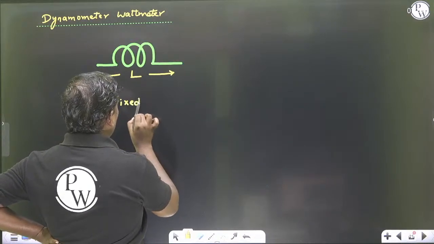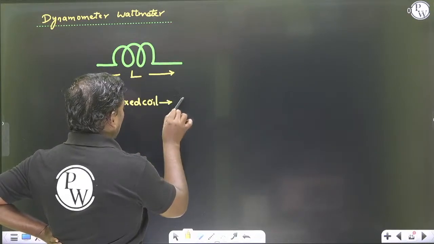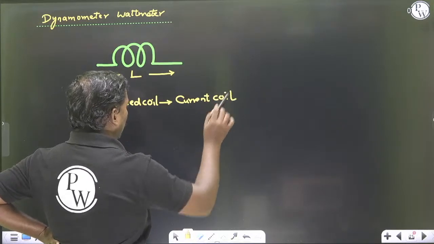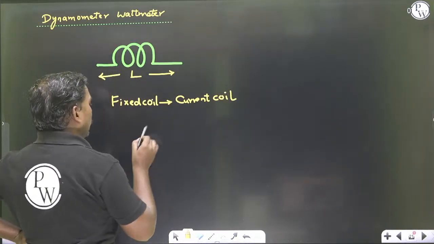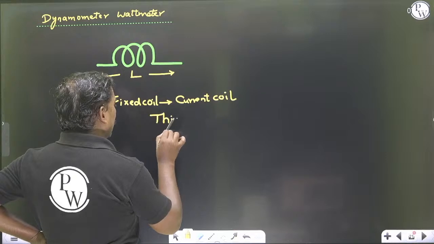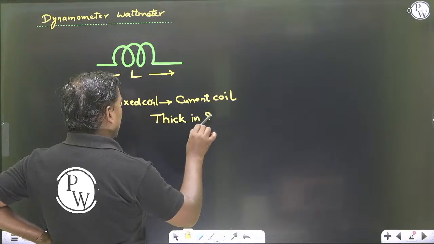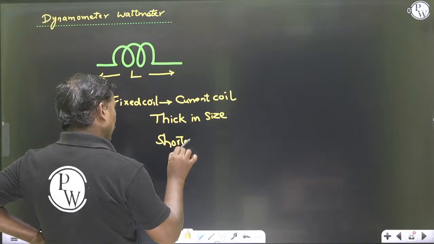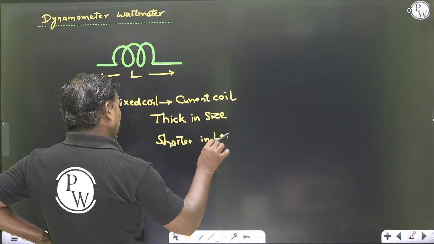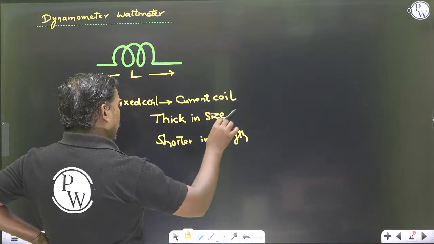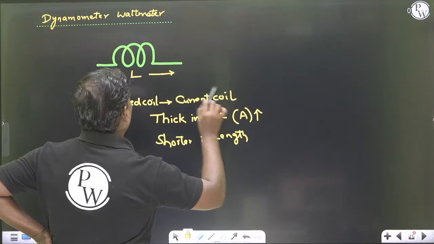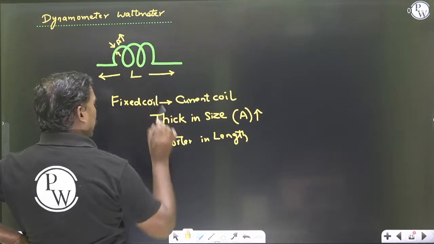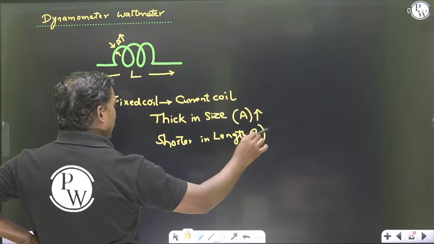The fixed coil, which is also called the current coil, is thicker in size and shorter in length. The reason is, thick in size means the area of cross section is more and length is less.